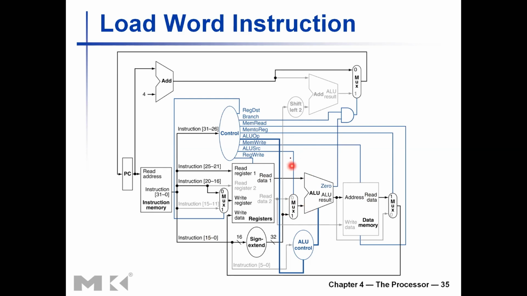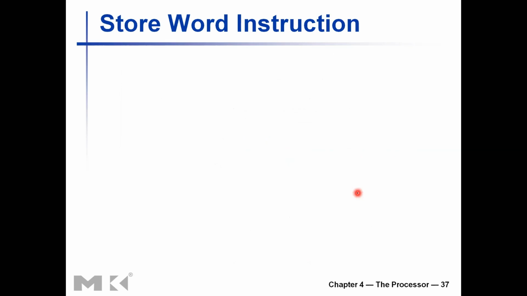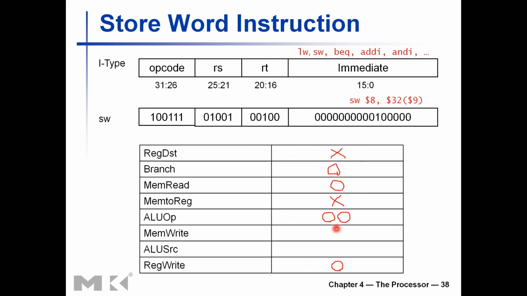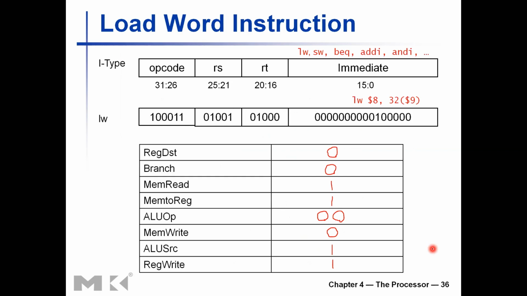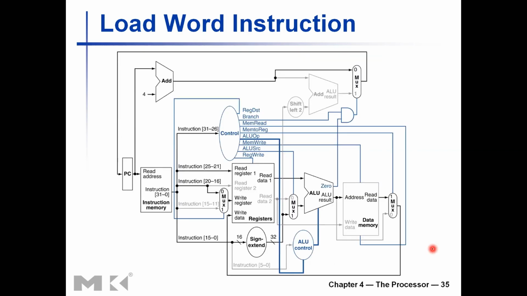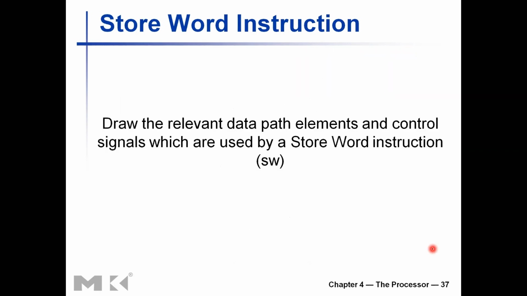So ALU source should be 1, and mem write should also be 1 for a store word instruction. Okay, so that completes the set of control signals. And yes, you can draw the data path and control diagram for store word yourself.